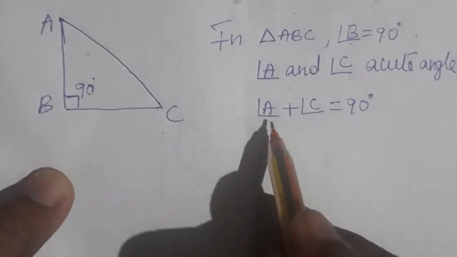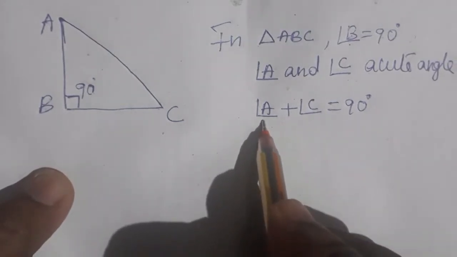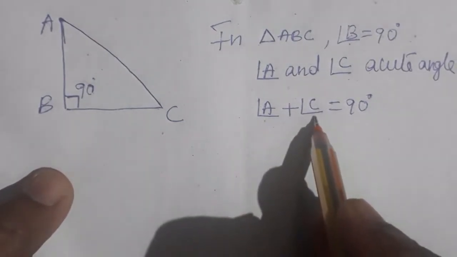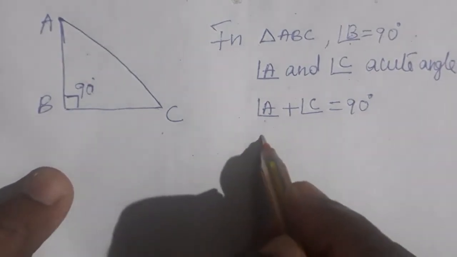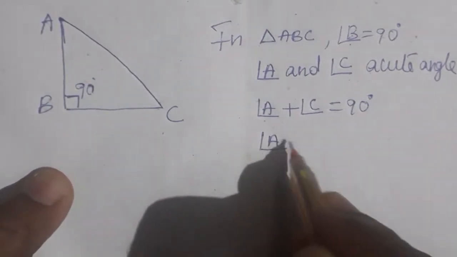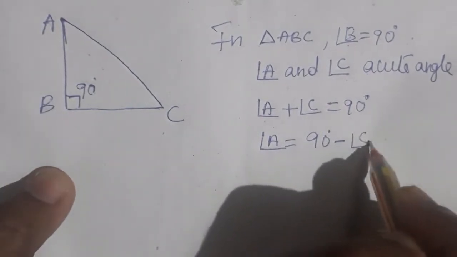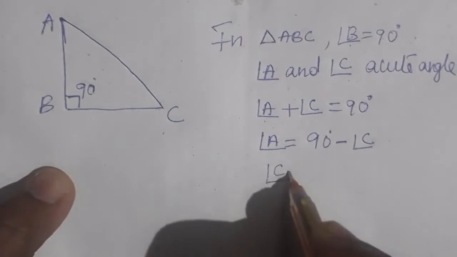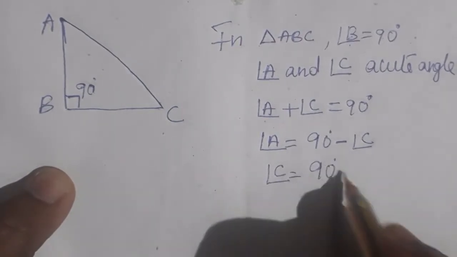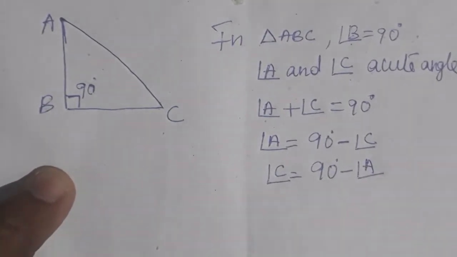So we can say angle A is the complementary angle of C, and angle C is the complementary angle of A. That means angle A will be equal to 90 degree minus angle C. If you want angle C, it will be equal to 90 degree minus angle A.